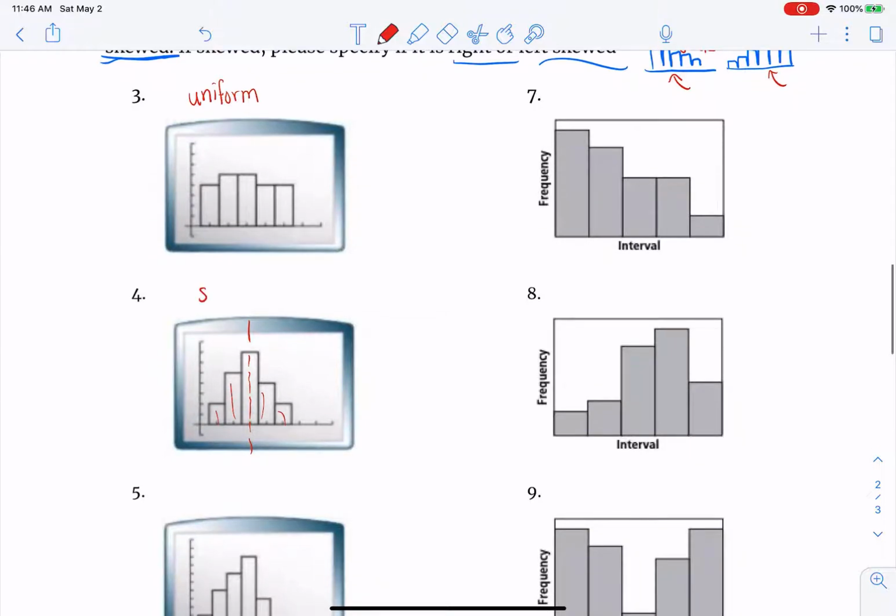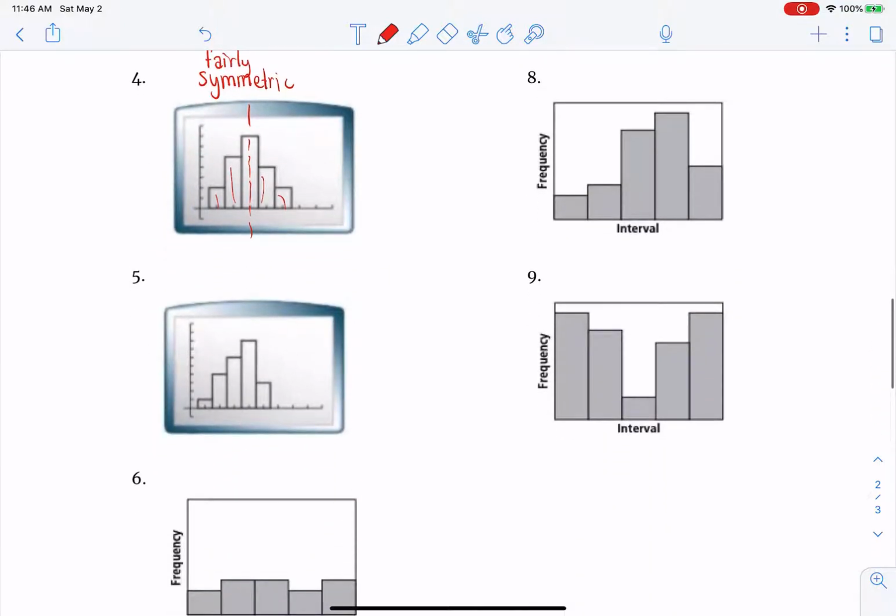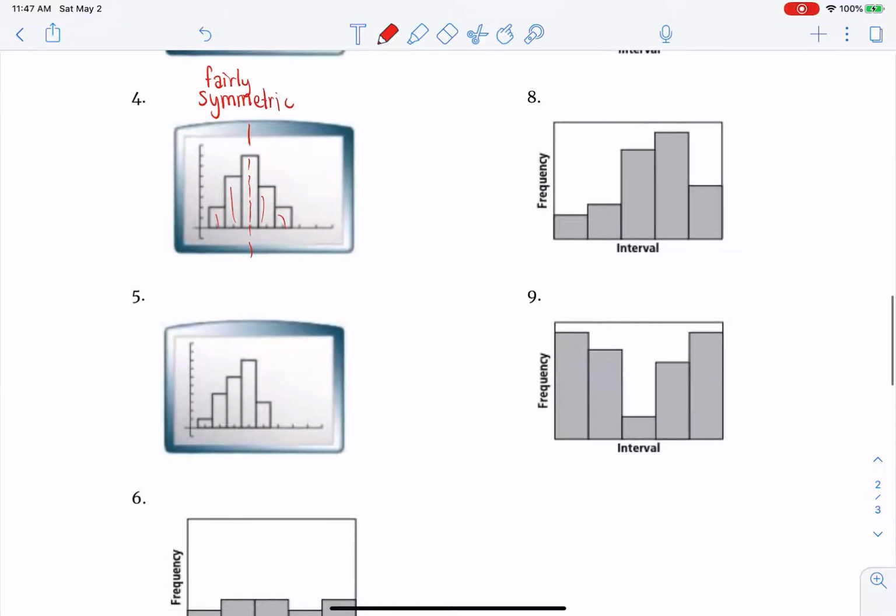So I'd say it's fairly symmetric. If it makes you feel better, you can write fairly. It's not perfect, right? Number 5, it's not symmetric. It doesn't seem like it's exactly skewed that much either. So this is kind of one where it's a little bit subjective. It's kind of hard to tell.